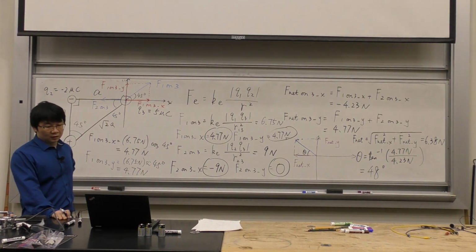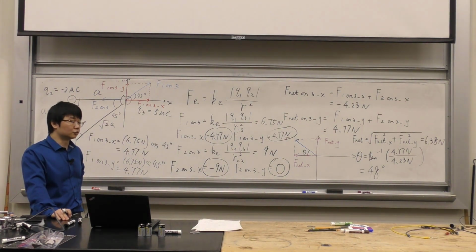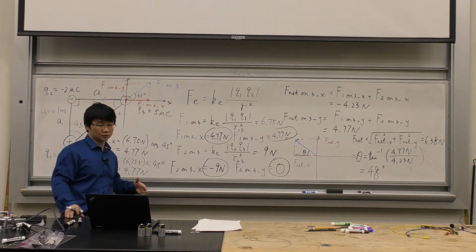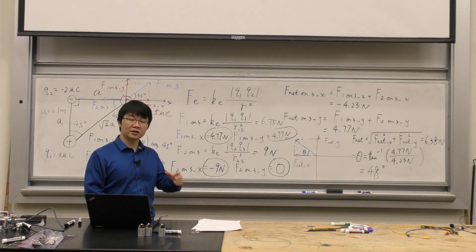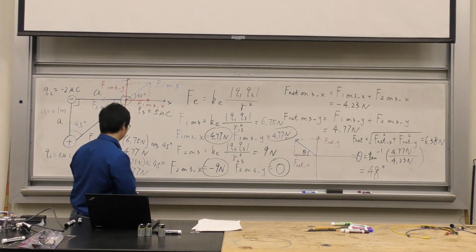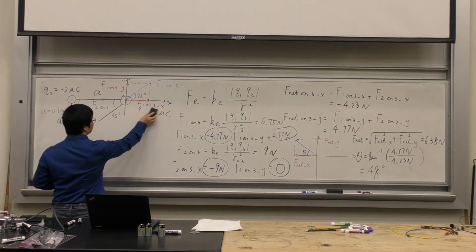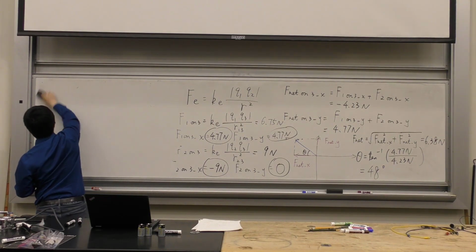All right, and that's going to be the rule if you want to find the net force on one single charge in a group of many charges. So you just need to repeat this process. If you go beyond 3, 4, 5, you just repeat the same process.